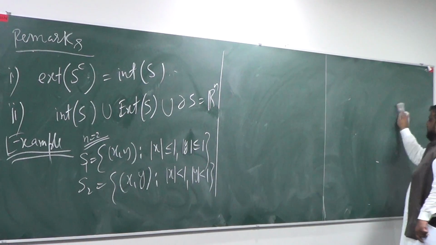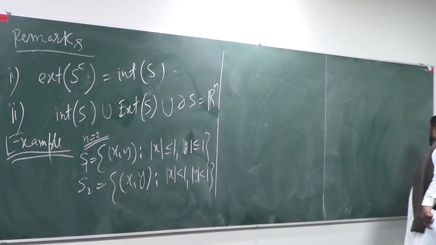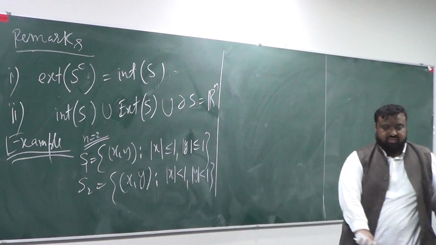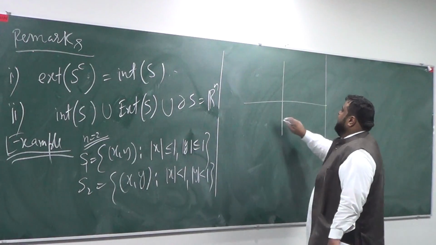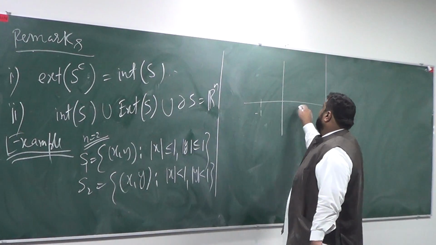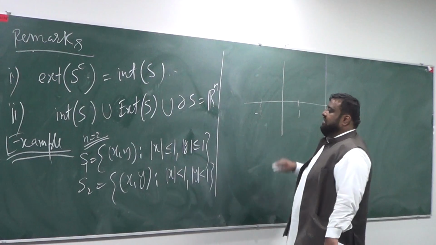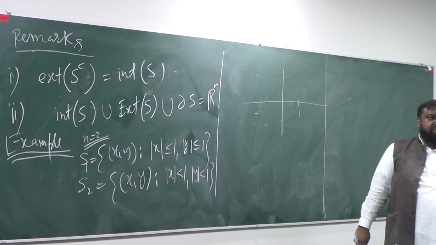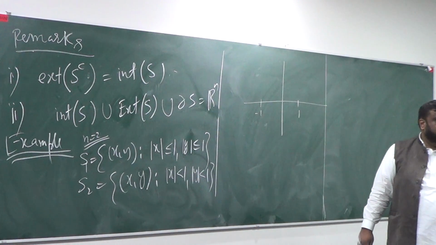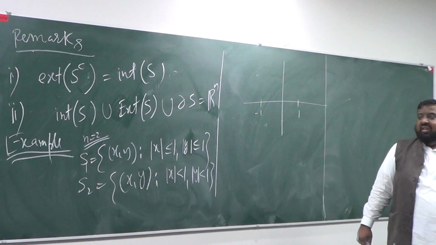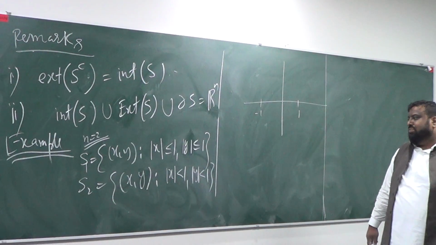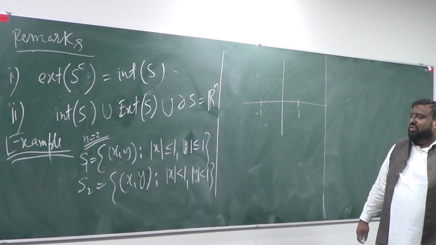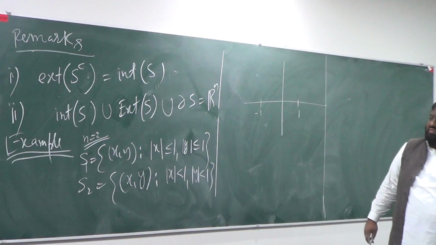What would absolute value of x less than or equal to 1 be? x lies between minus 1 and 1, so you have a line that goes from -1 to 1. And y also lies between -1 and 1, so let's put the equality in: y less than or equal to 1.